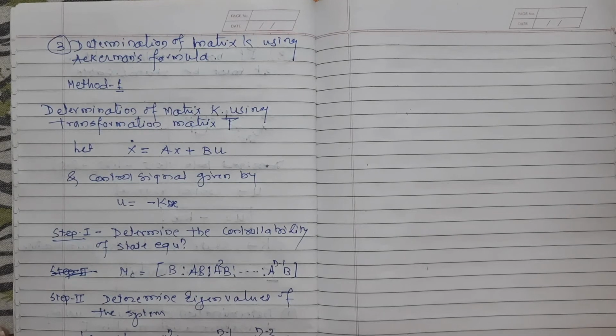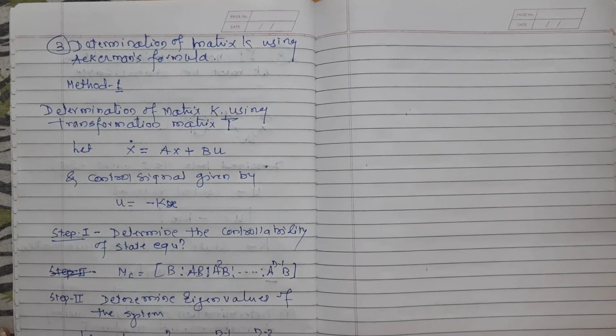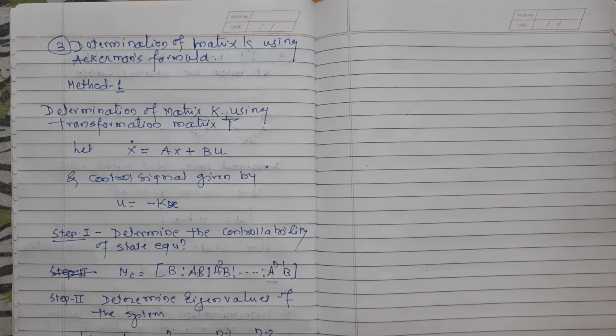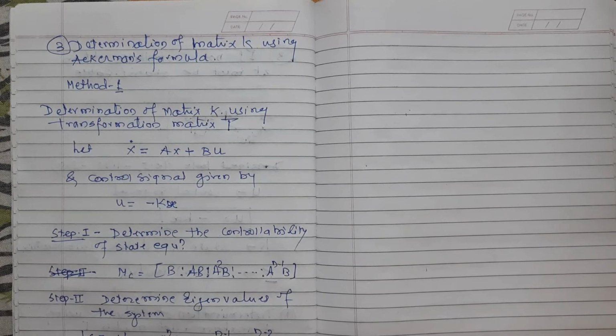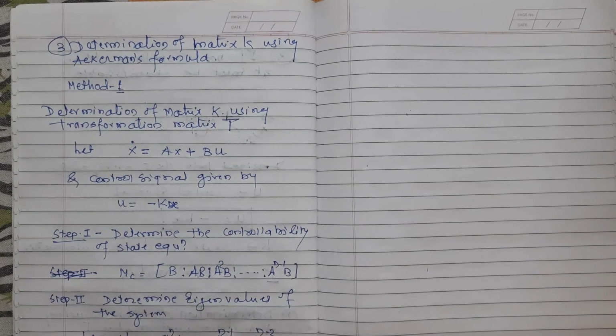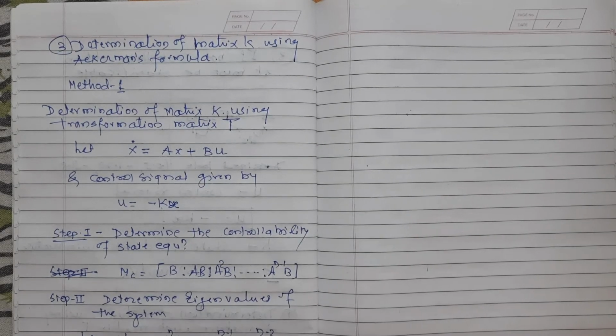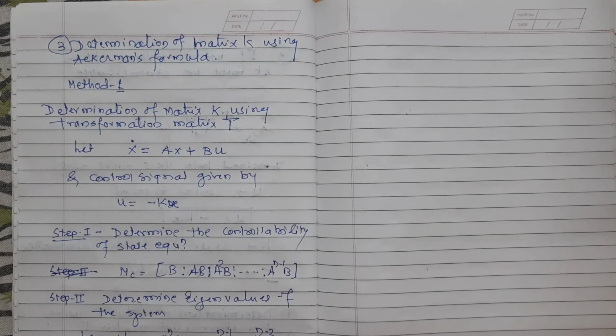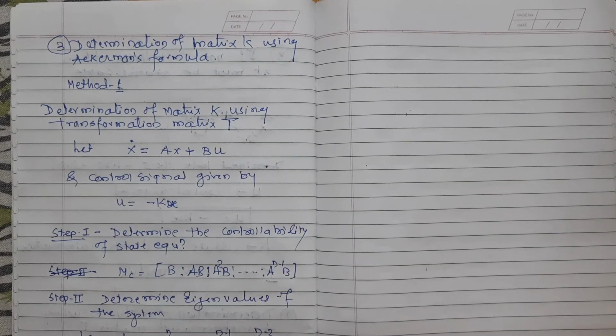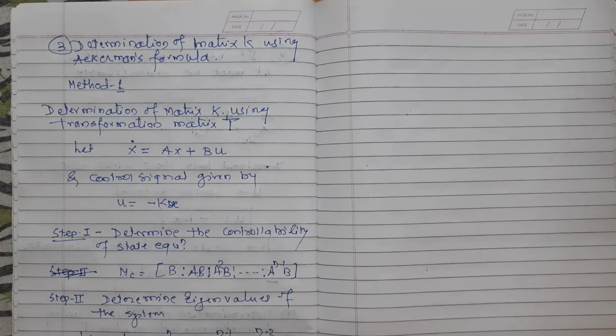Then determine the values of a1, a2 up to an. That means we have to find what is the value of a1, what is the value of a2, and what is the value of an.